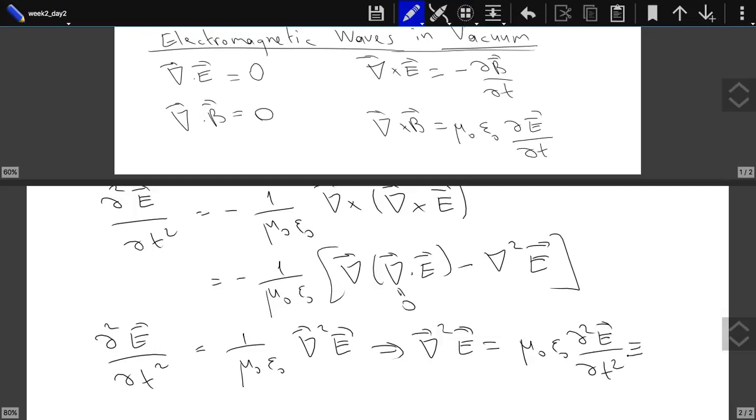And we know that this is nothing but the wave equation: the Laplacian of something is equal to the second time derivative of the same thing with a proportionality constant, and that proportionality constant is nothing but 1 over v squared.